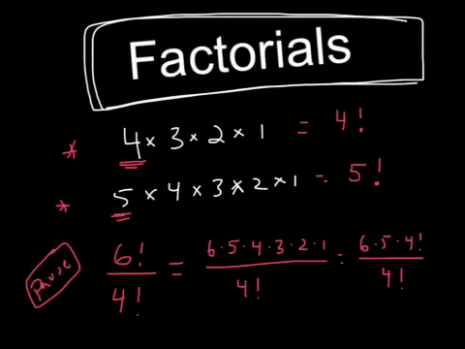And then we know, well, 4 factorial over 4 factorial, it's the same thing, so we could just cross that off. And what we're left with is 6 times 5, which is 30. So we'll be doing a lot of operations with factorials as we dive deeper into combinations and permutations. So let's keep this tool, this operator, at the ready and start seeing how it's going to be used.